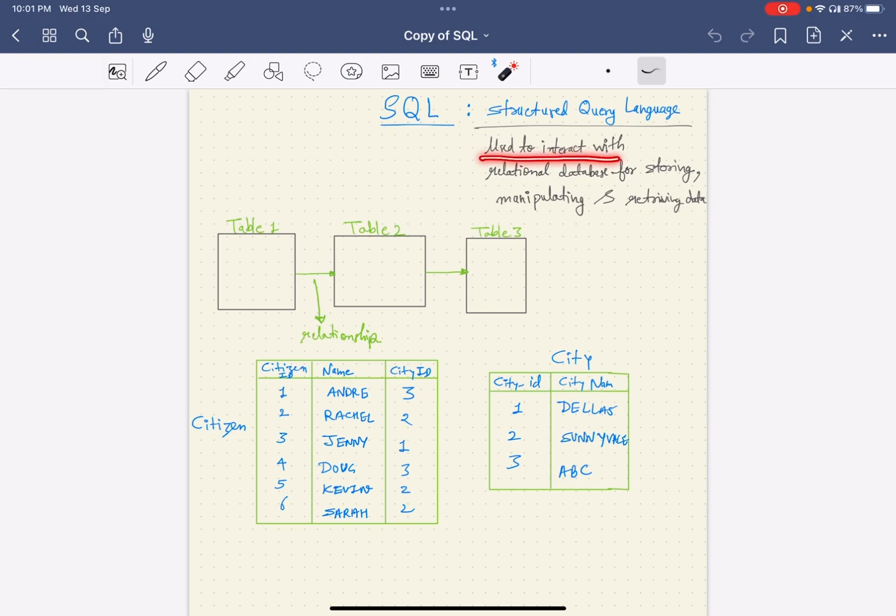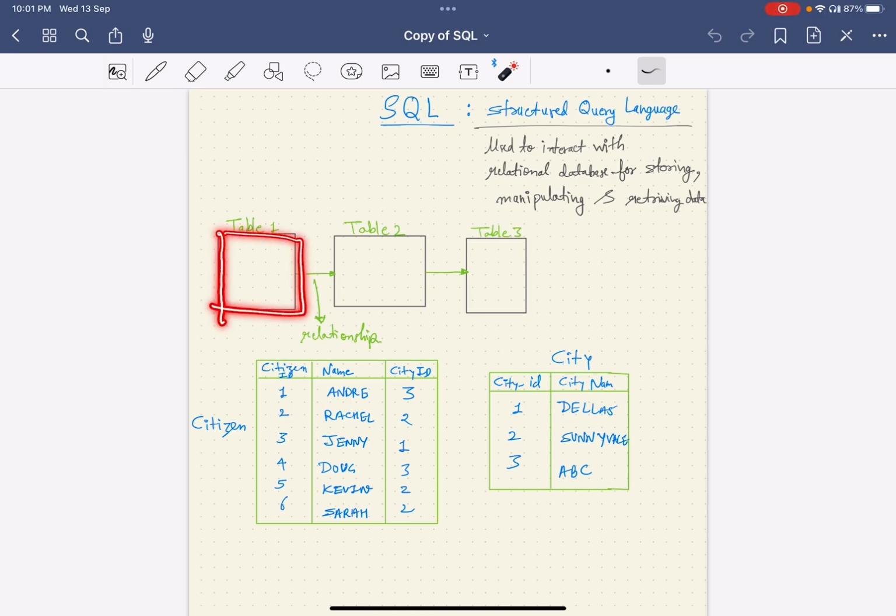So it's used to interact with. But what are these relational databases? Even though the database is clear, what are these relationships? Let's first understand what relational databases mean. Let's suppose we have databases.